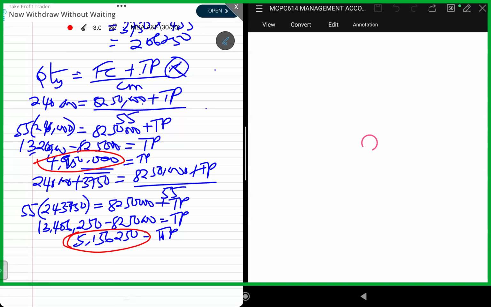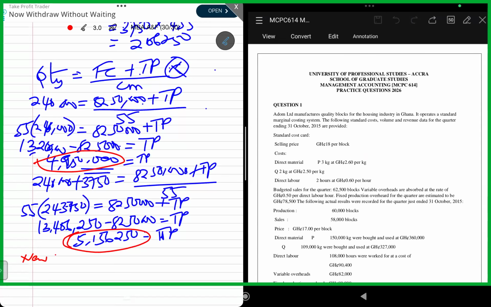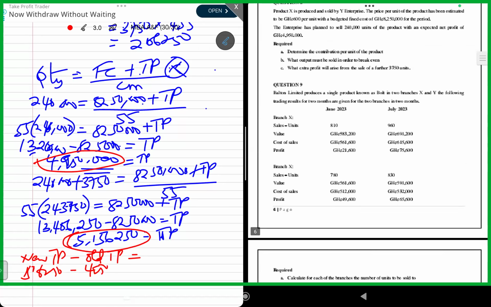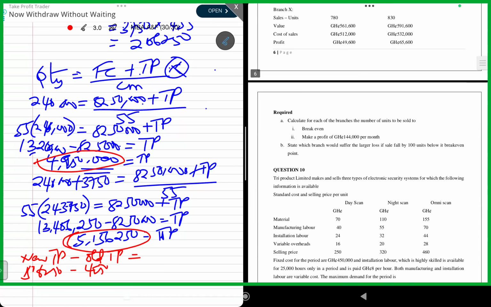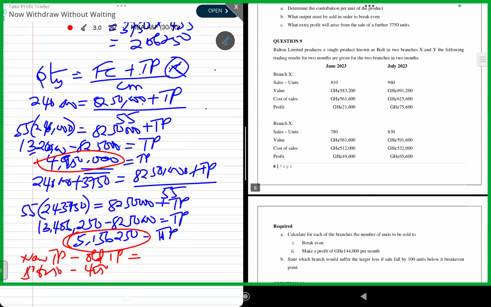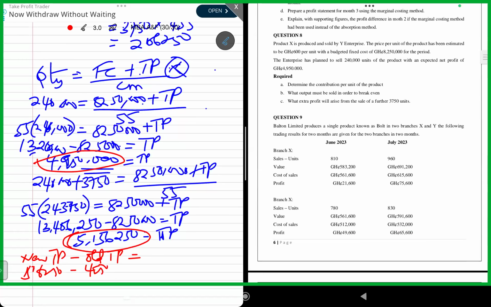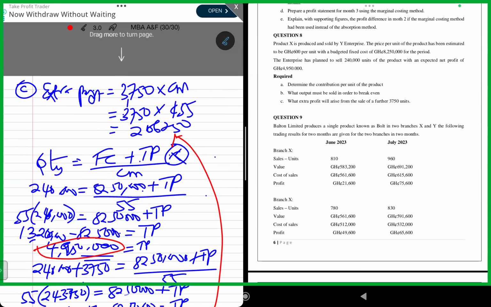So the difference is the new target profits minus the old target profits. 5,156,250 minus 4,950,000. Let's be quick. What do we have? 206,250. It's the same here. Have you seen it? Yes.